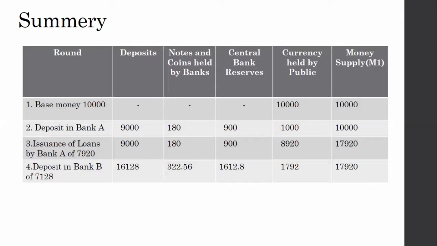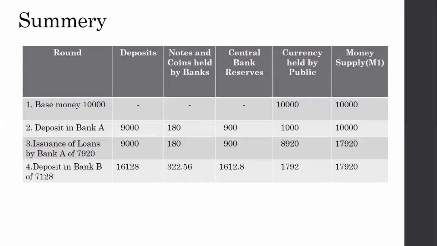So here again the money supply equals deposit plus the currency held by public, similar to 17,920. Why there is no change from 3 to 4? Because the money which was there as the currency held by public was decreased from there and has been added as deposit.